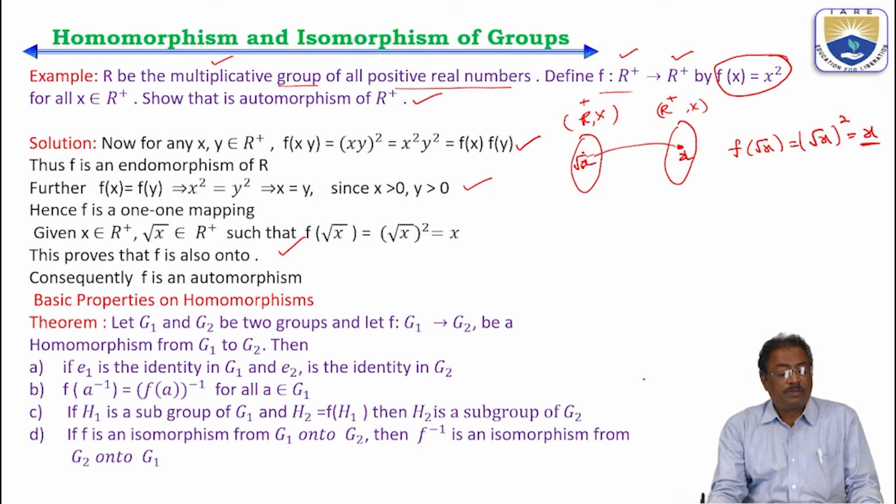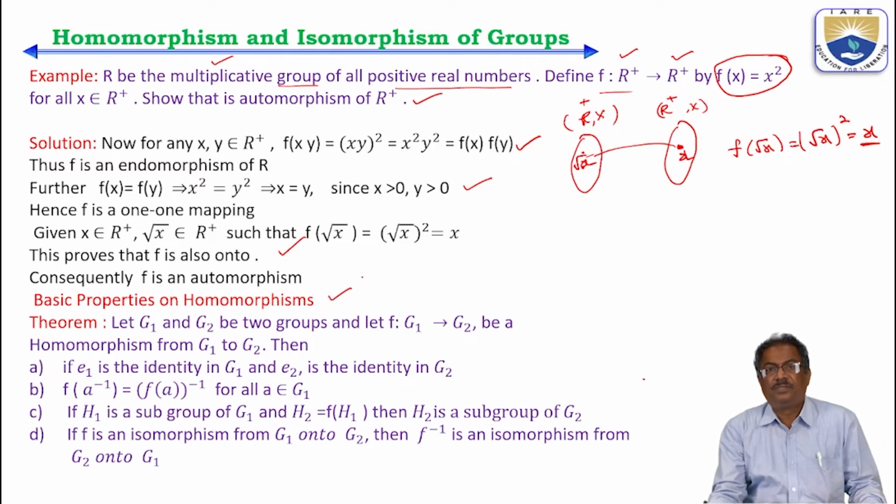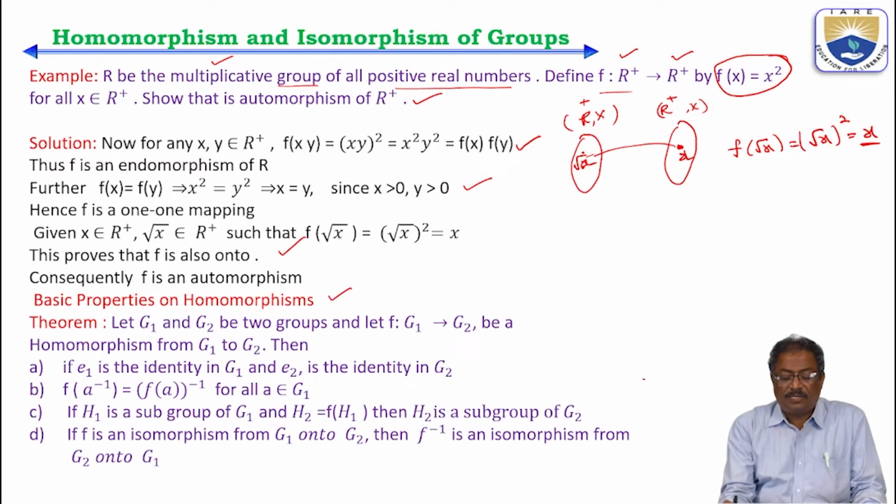Now let us go for some of the basic properties of homomorphism. Let G1 and G2 be two groups, and f is defined from G1 to G2 as a homomorphism.